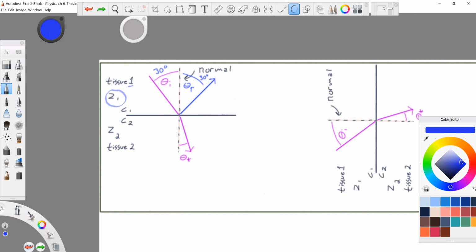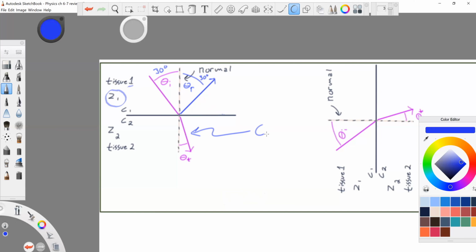Whether or not it reflects, that's a consideration of impedance, Z. Now, whether or not it bends is a change in speed.